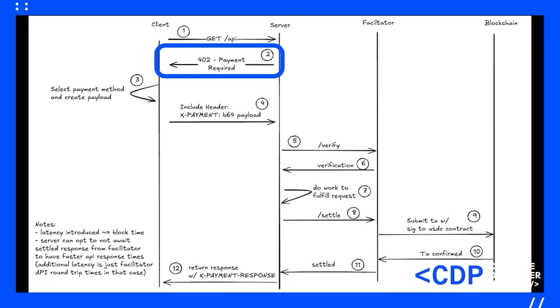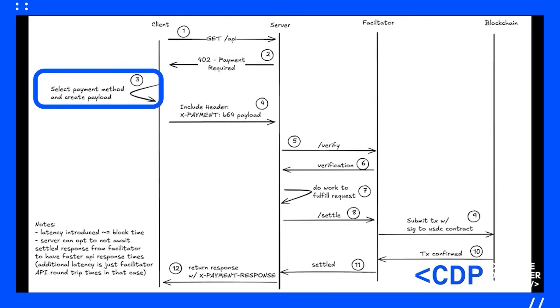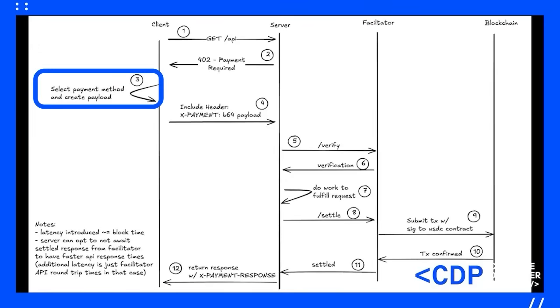And so that payment required response contains one or many methods that the client can select from in order to make the payment. Let's say they may have USDC on Base, or they may have USDT on Solana, they may have ETH token on Ethereum mainnet. The server tells the client, hey, these are all the different things that I'm willing to accept payment in.